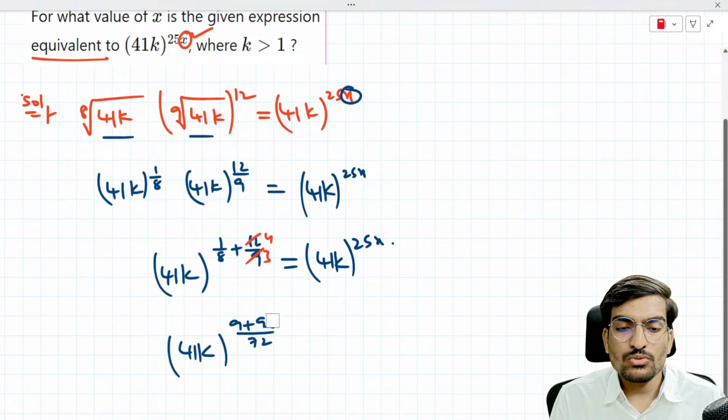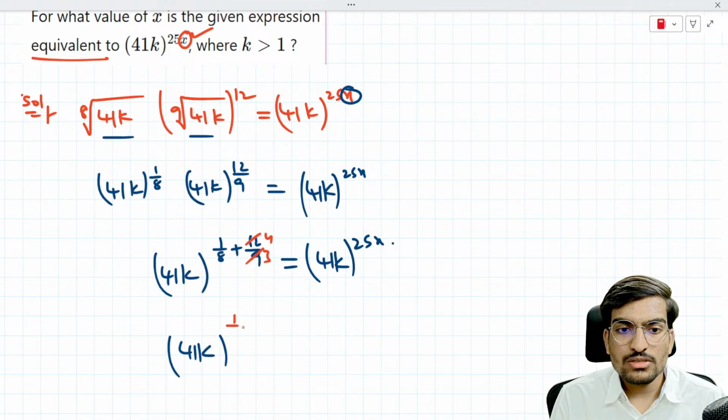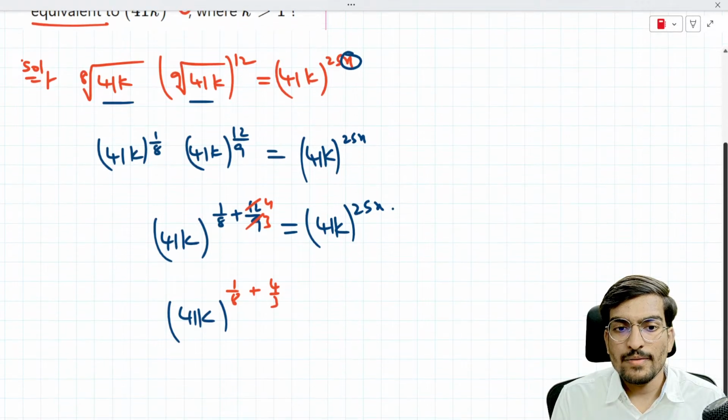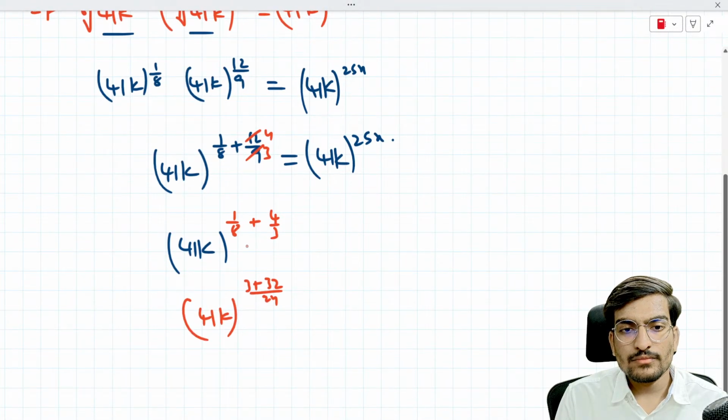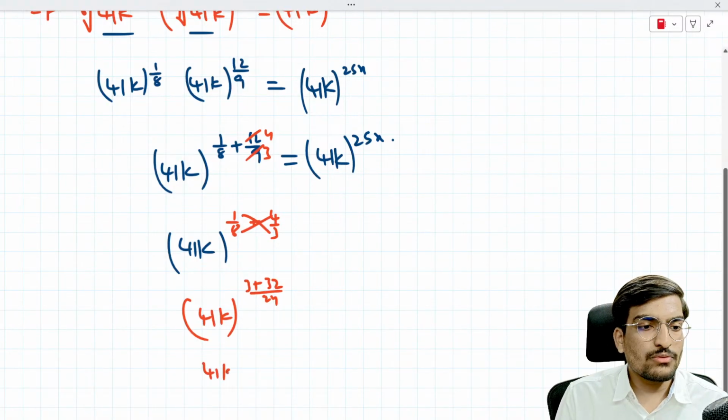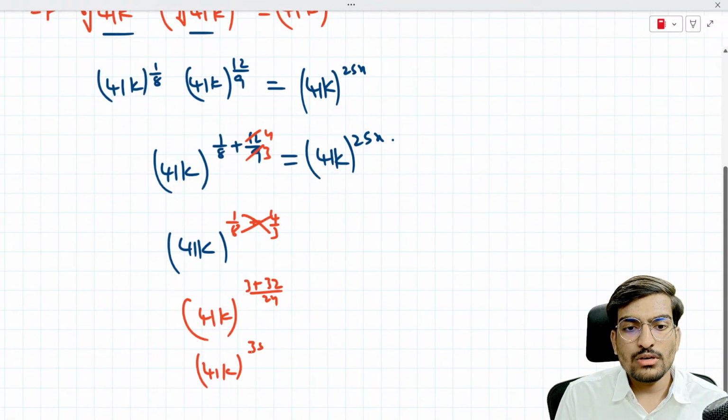If you reduce that, you get a better version. So that's 1 by 8 plus 4 by 3. Now you can do it very easily: 3 plus 32, 35 by 24. I just cross multiplied. So 41k equals 35 by 24.